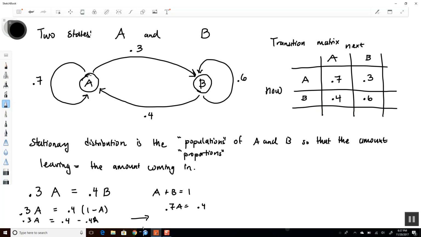I don't know what 0.4 divided by 0.7 is. Okay, 0.5714. So A will equal 0.5714, and B will be 0.4286.